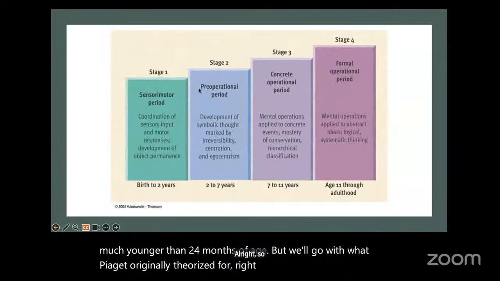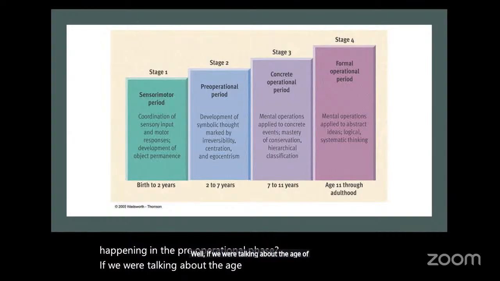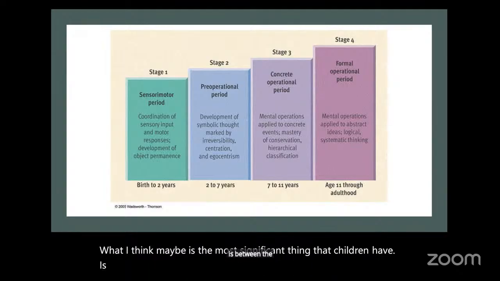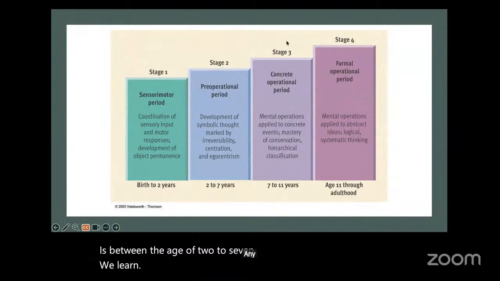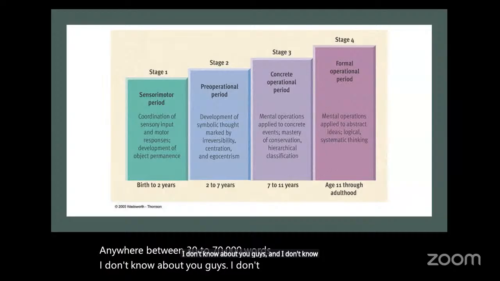All right, so what's happening in the pre-operational phase? If we were talking about the age of 2 to 7, what I think may be the most significant thing is that between the age of 2 to 7, we learn anywhere between 30 to 70,000 words. I don't know about you guys, but I maybe know 1,000.